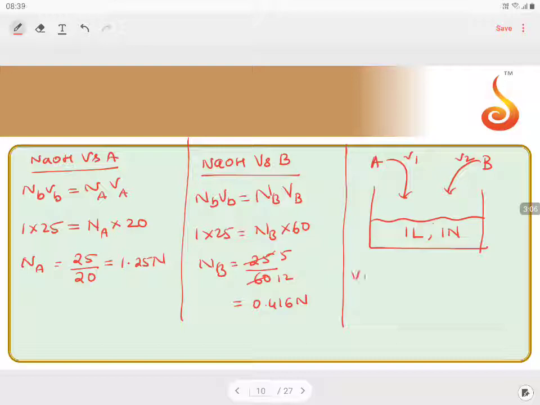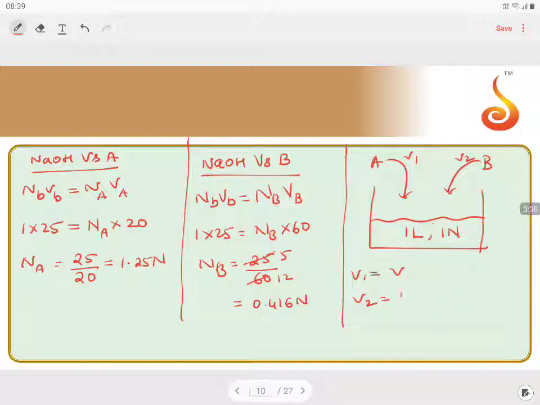Let V1 equal some V and V2 equal 1000 minus V. Or we can even take it as simply 1 minus V. Since there is nothing else to do, let us do it in a simple way.